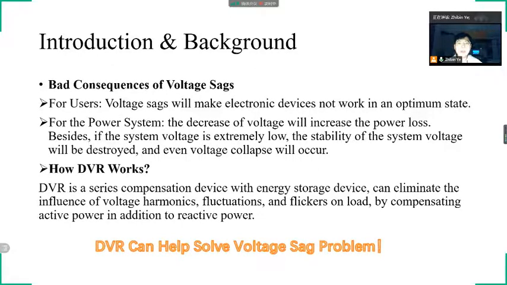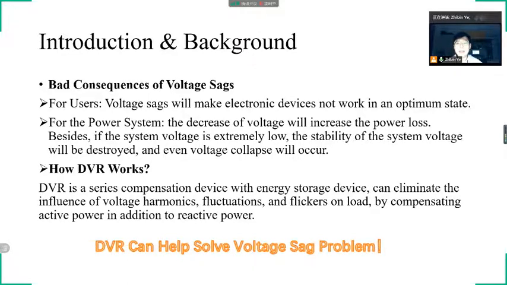For the power system, the decrease of voltage will increase the power loss. Besides, if the system voltage is extremely low, the stability of the system voltage will be destroyed, and even voltage collapse will occur.